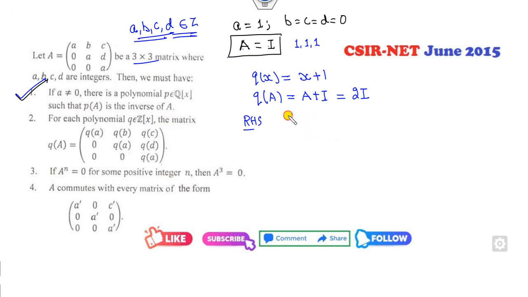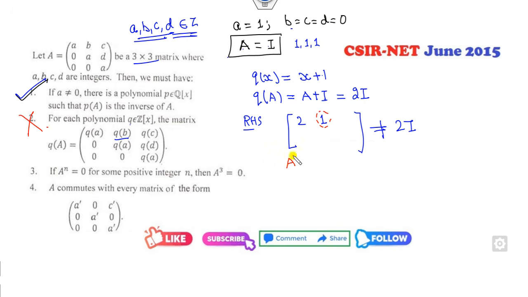Q of A plus 1, A plus 1 is 2. Q of B plus 1, B is 0, so it's 1. So clearly it is not equal to 2I, because this number must be 0 in order to balance as 2I. So this option is cancelled.